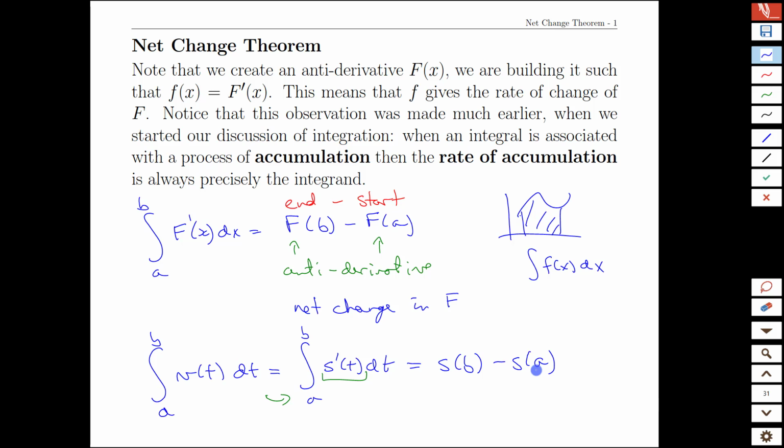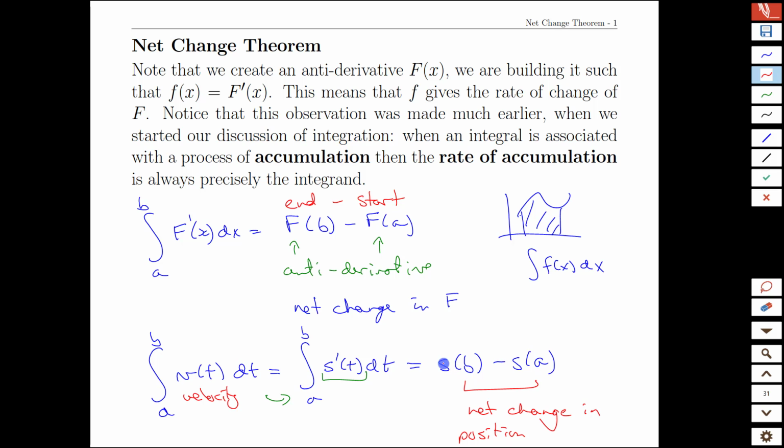That's what the fundamental theorem of calculus tells us. When we integrate, we take the antiderivative and then evaluate at the two points. Well, that's the net change in position. So when we have a definite integral of the velocity and we integrate, we get the net change in position.